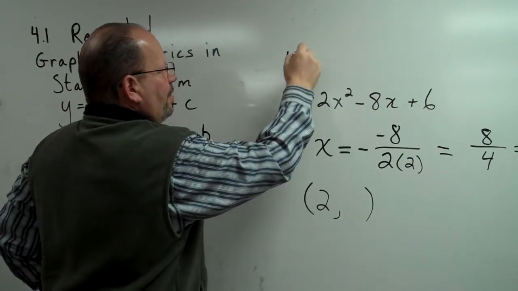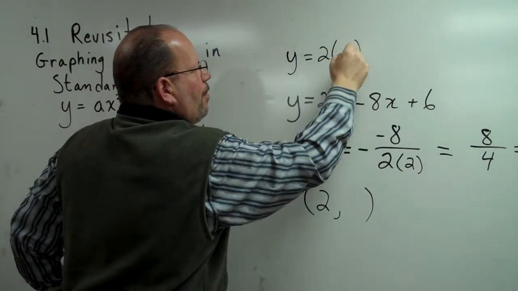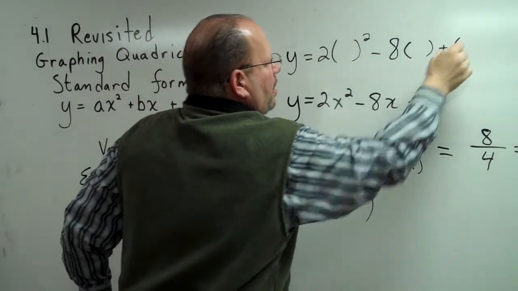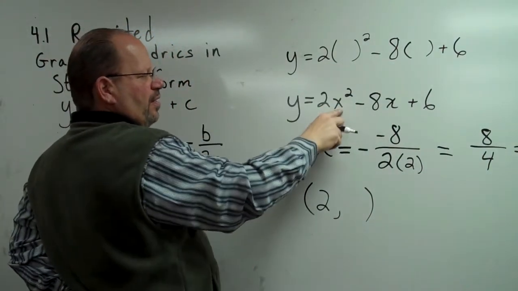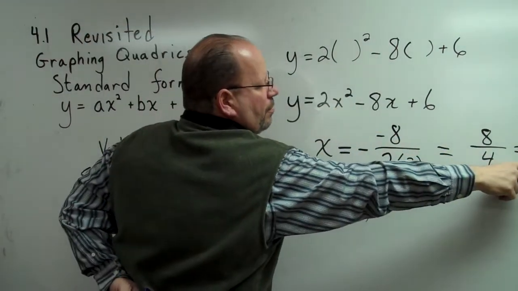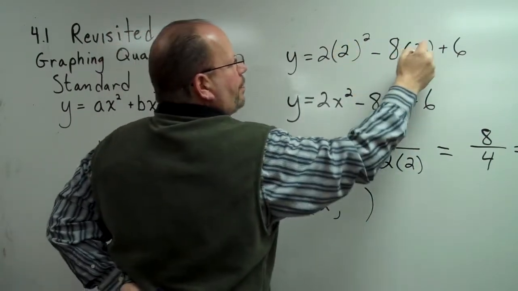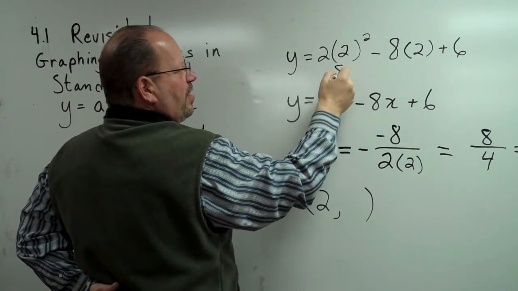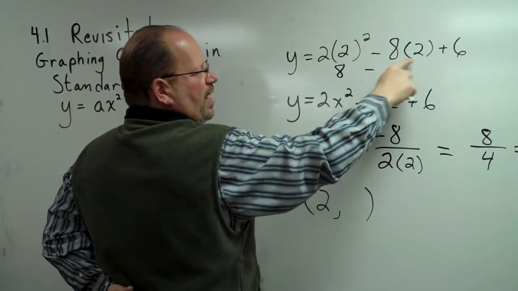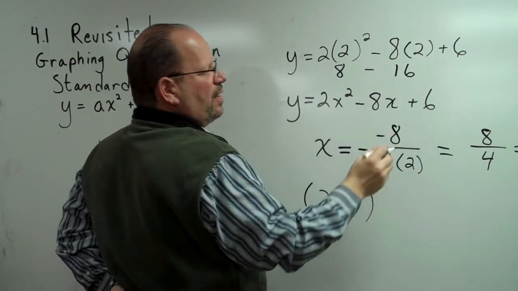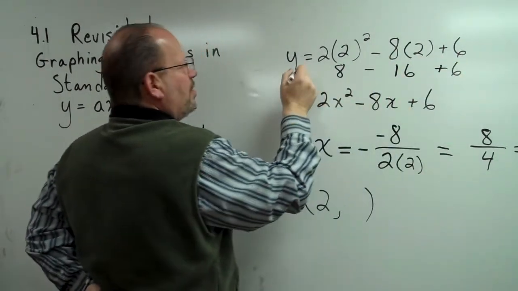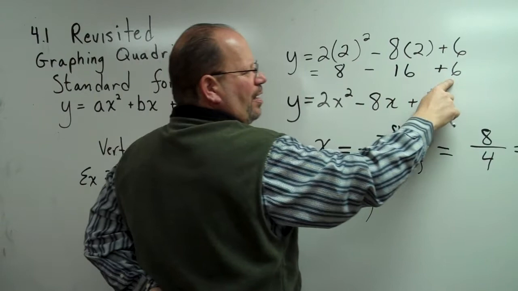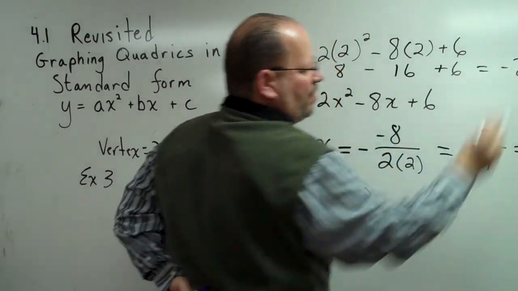So let's insert it. We'll insert our x into the equation, and we'll see what y it gives us. So instead of x, we put what x is at that point. 2 times 2, or 2 squared, is 4, times 2 is 8, minus 8 times 2 is 16, plus 6. 8 minus 16 is negative 8, plus 6 gives us negative 2.